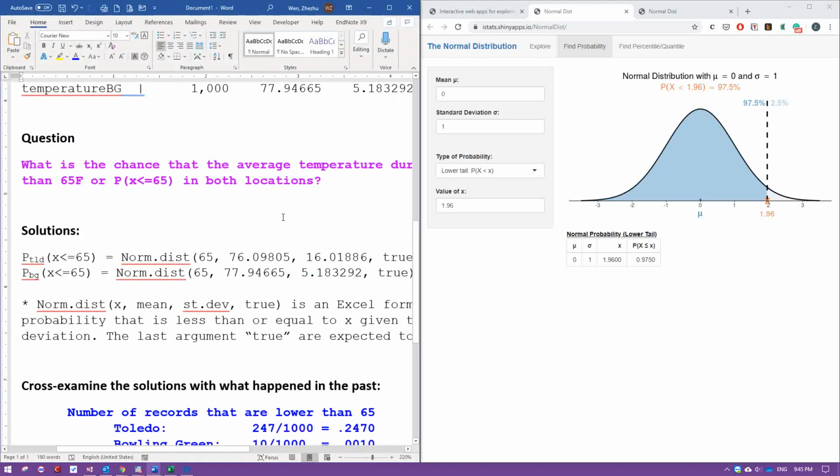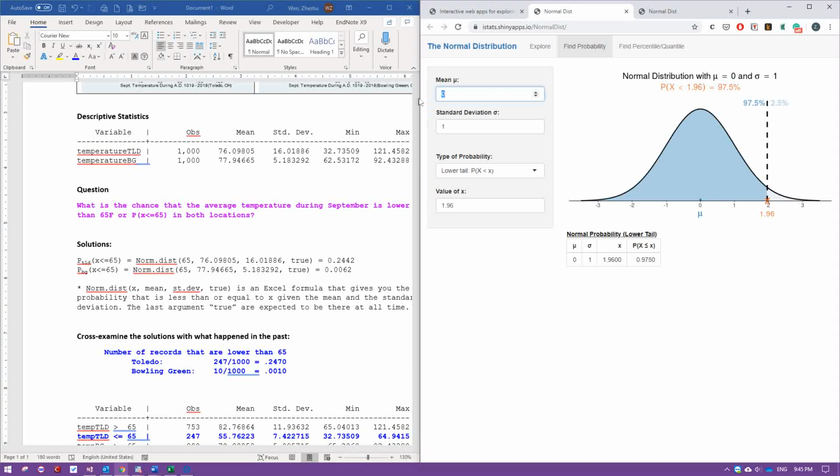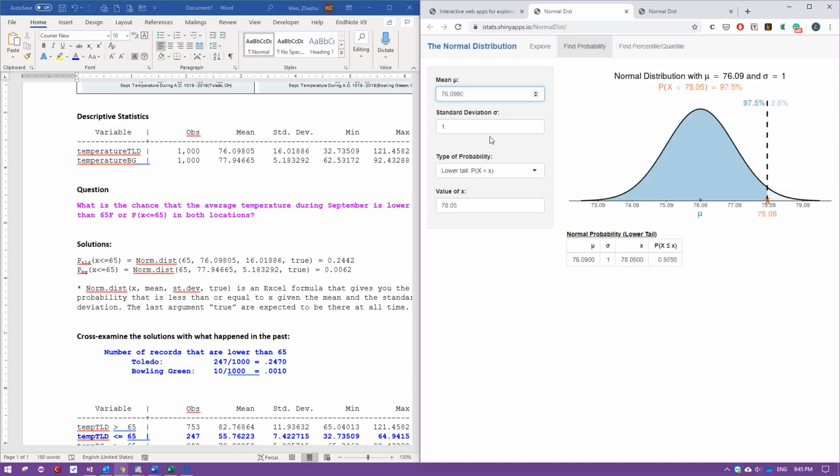Okay, this is our file. So the average is 76.09, standard deviation is 16.01886. Okay, the value of x is 65.